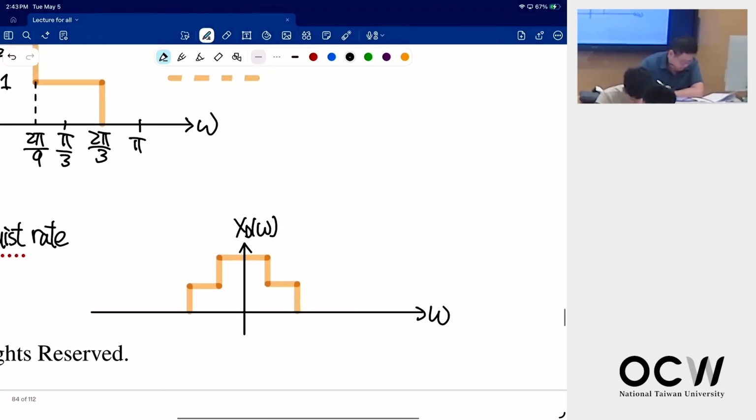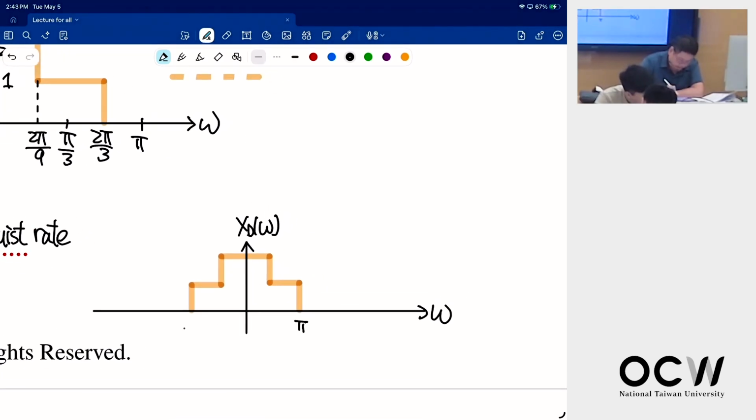So here we have π, minus π. And this is minus π over 3, π over 3. And then because it is periodic, we expect another shape exactly the same will be here.